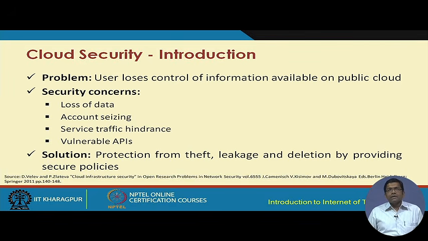So, the solution is to have counter security solutions, platforms, APIs, applications, software, etc., which will protect from theft, leakage of data, and accidental deletion of data, by providing security policies.